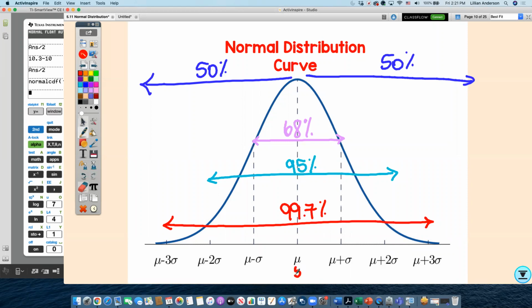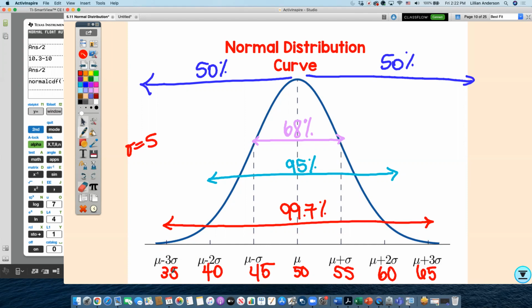Okay, so this is the breakdown of a normal distribution curve. Whatever the mean is, say it's 50, and the standard deviation is 5, then this value will be 55, this value will be 60, this value will be 65, because you just keep adding a standard deviation. You will subtract, this will be 45, this will be 40, this will be 35. How do you use this again? Let's say they want you to find the probability that someone's age is between 45 years old and 55 years old.